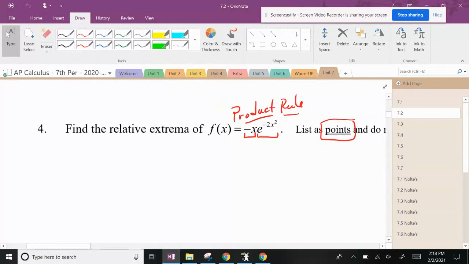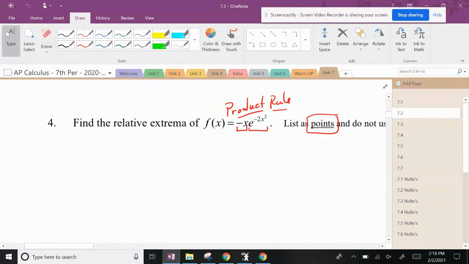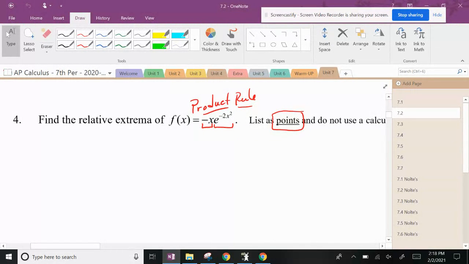Okay, so for question number 4, it says find the relative extrema. So when we're finding an extrema, what are we finding? Okay, good, a min or a max, which to do that, we set the derivative equal to 0.